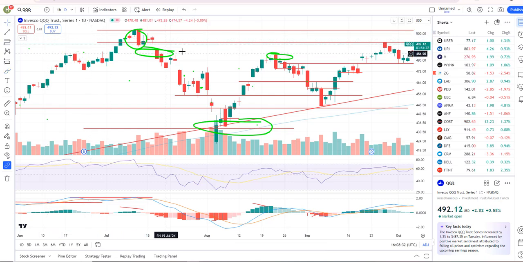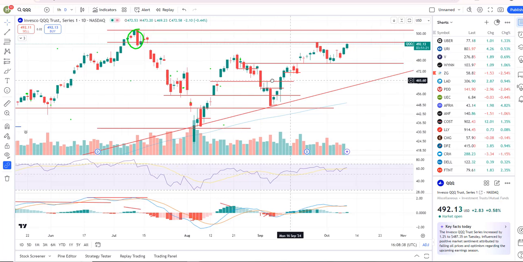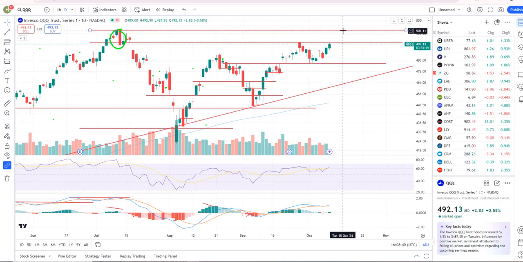Bearish engulfing, and that has marked the high so far. So that's the biggest level. As far as I can tell, they're going to go test that level, probably pop it and make a new high. But if anything, it looks like we're going to go test that level. So it doesn't make sense to be short right now on the triple Qs.